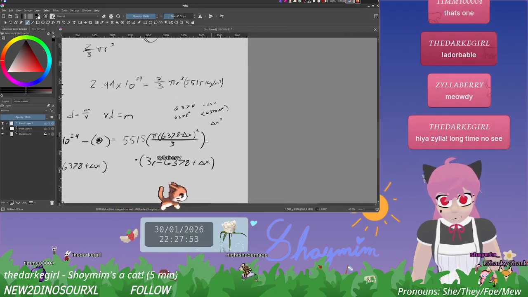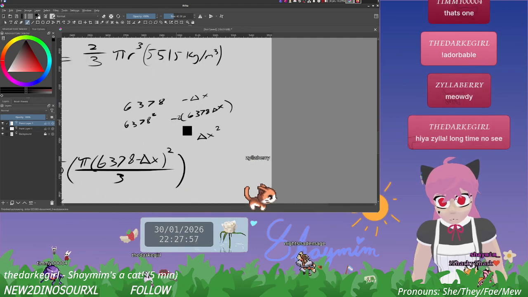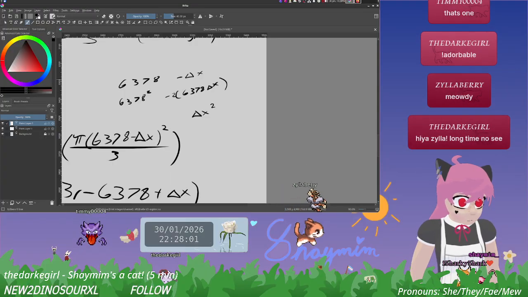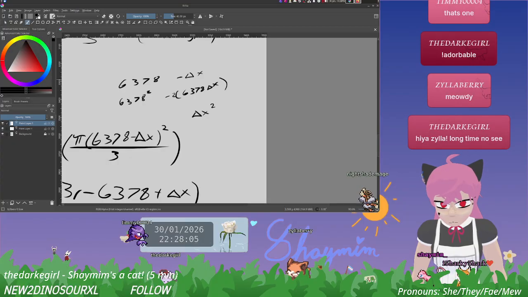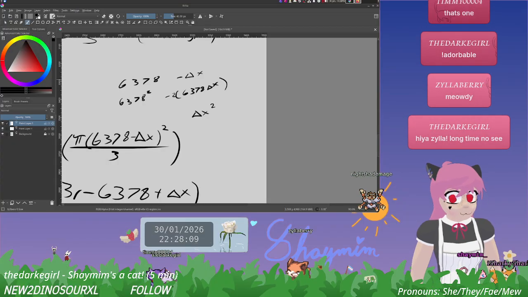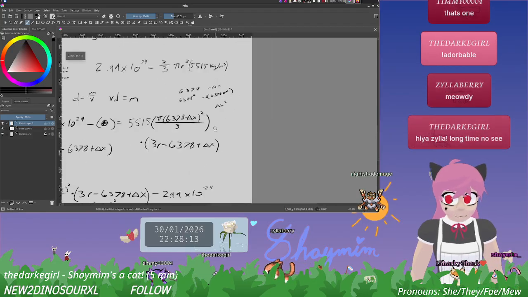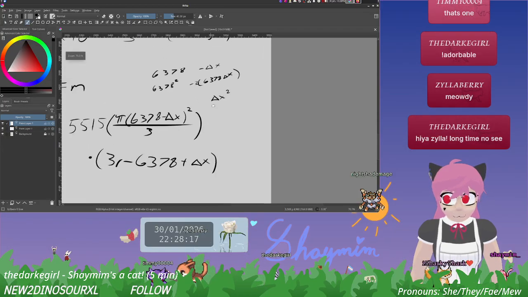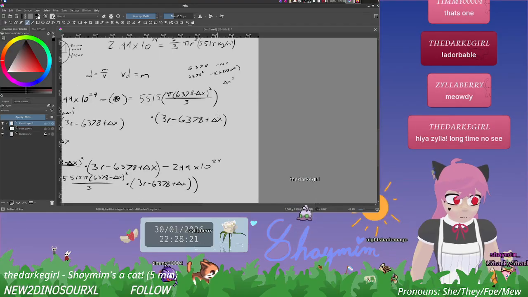So, oh, this part is negative. Okay. So we have 6378 squared, which is going to be a big number, and we are going to abbreviate it as, I don't even know what to abbreviate that as, to be honest.